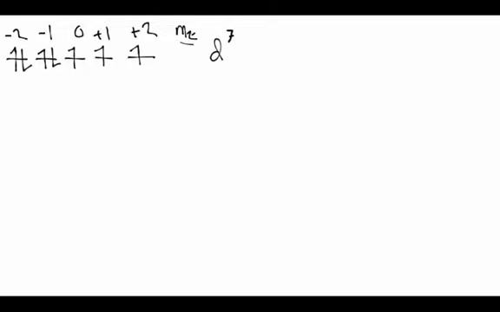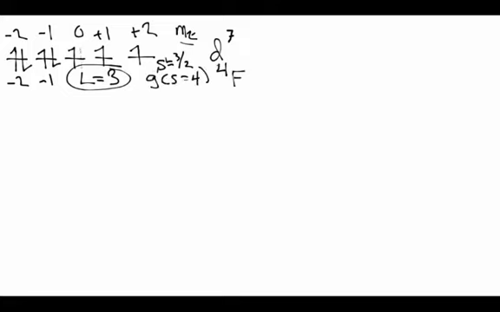I want to keep looking at this configuration. So here we are, the same thing. We've got the d7 configuration here. So we have L equals 3, S equals 3/2, the degeneracy of S is a quartet, so we have a quartet F. And there's the holes that we could think of in this situation. So now the question is, what is the J value?